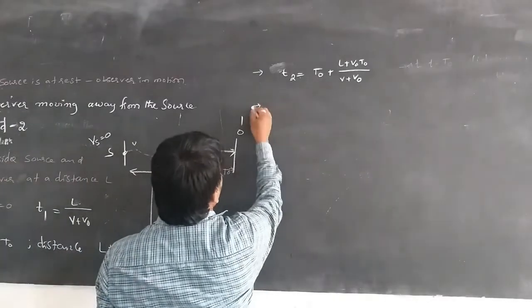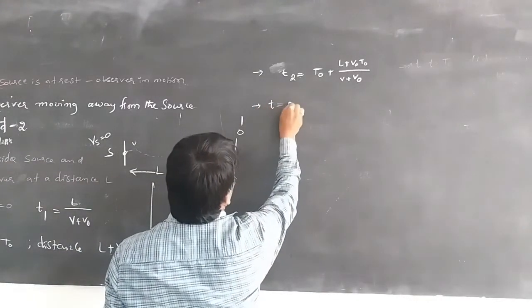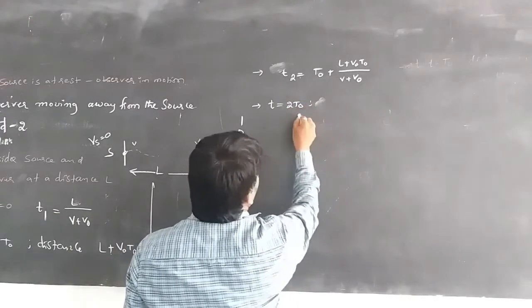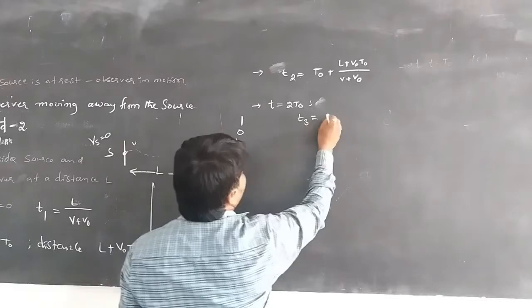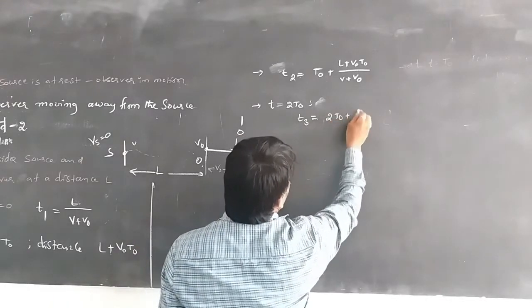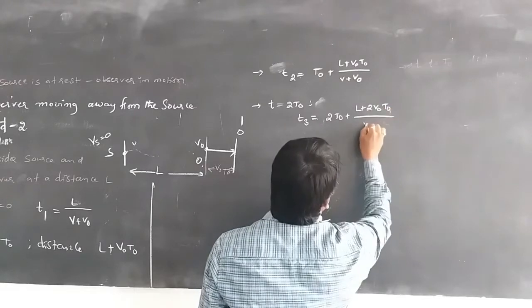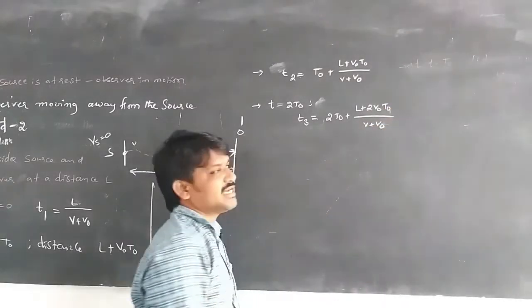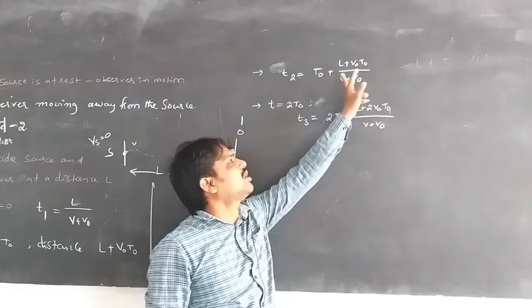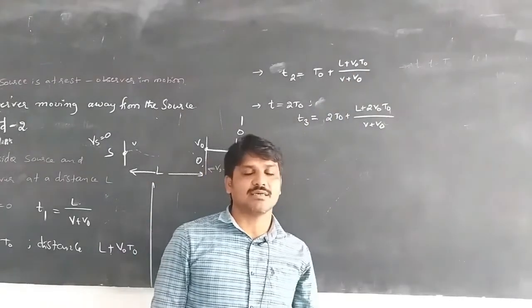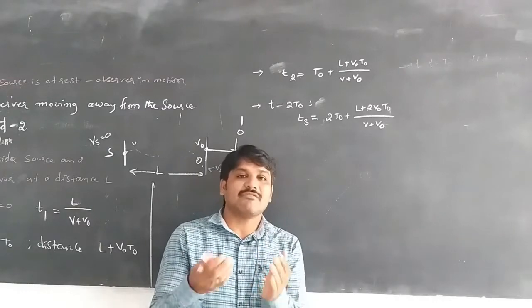Then after time T equal to 2T0, the third wave is received by the observer, that is T3 is equal to 2T0 plus L plus 2V0 T0 by V plus V0. Here L plus V0 T0 by V plus V0 is the time for the distance travelled by the wave.